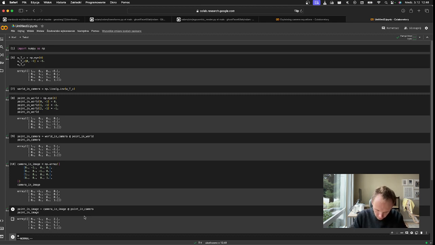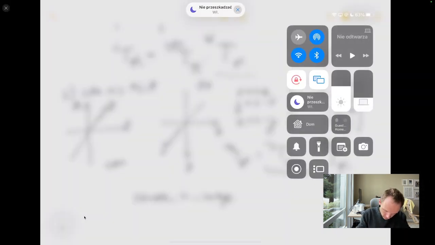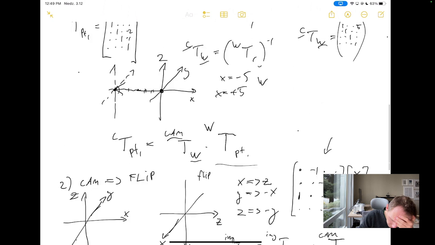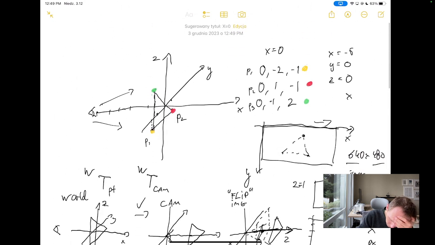Let's go back to our drawing. So we got 2, 1, 5, and our point was 5, -2, -1, if I remember correctly. Yeah, 5, -2, -1.